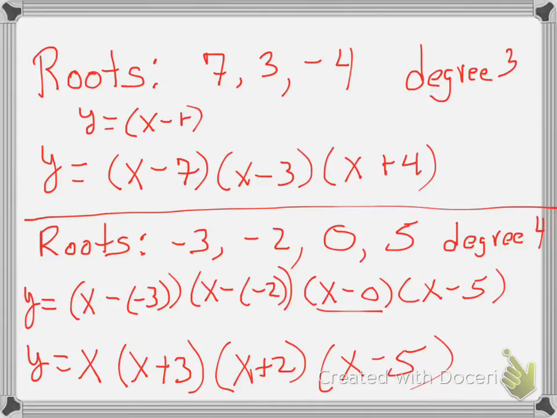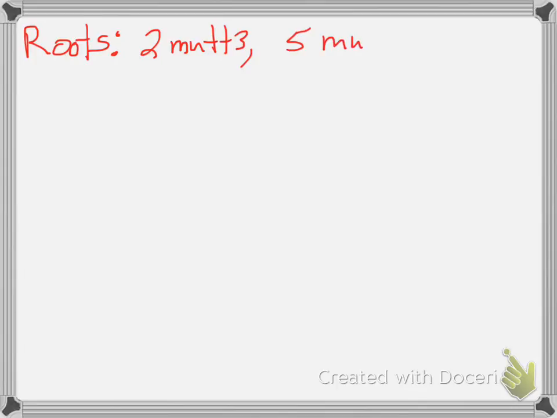Alright. Now, remember we talked about multiplicity, and that's how many times a root would be repeated. So let's say that we had roots 2, but it had a multiplicity of 3, and 5 with a multiplicity of, let's say, 4.